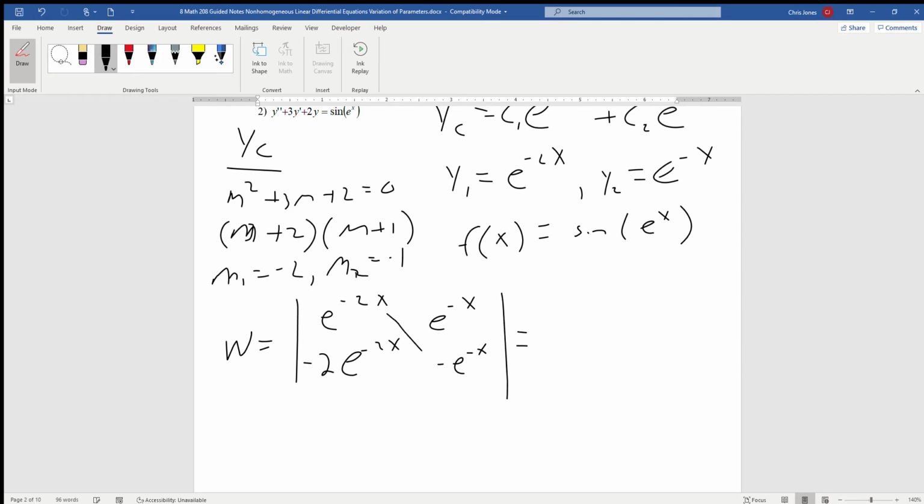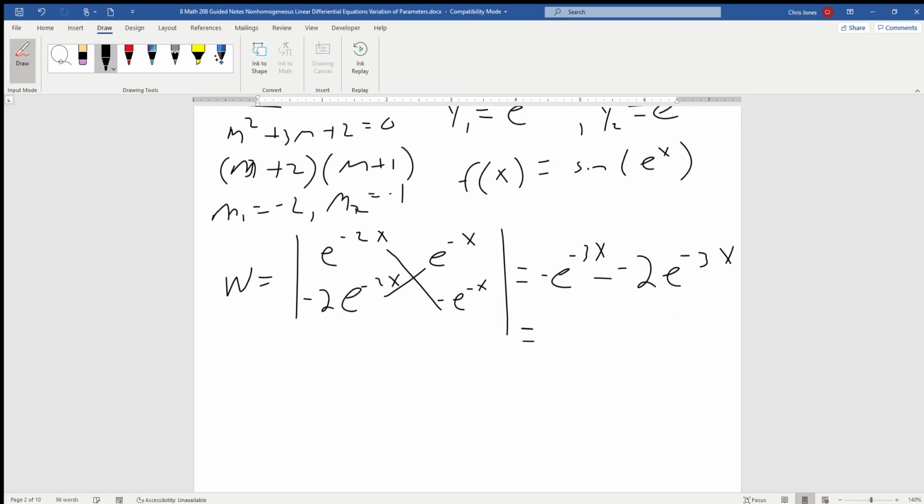Remember, to find a determinant, cross down, cross up. So we get -e to the minus 3x minus a -2e to the minus 3x. And when that all settles down, that just becomes e to the minus 3x.